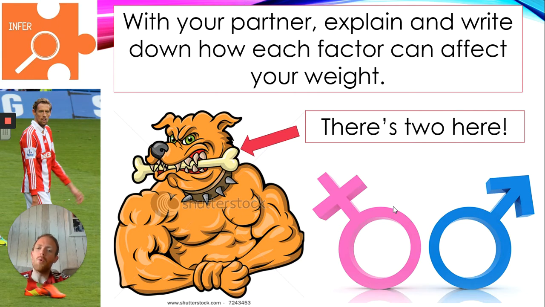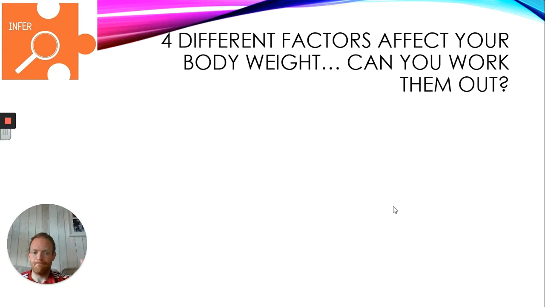And also bone density, not the amount of bones, so everyone's got the same amount. Bone density, so how thick they are, how heavy they are as well. And then the other one is your sex, so that will determine your optimum weight there, basically. And that will determine what your weight is anyway.